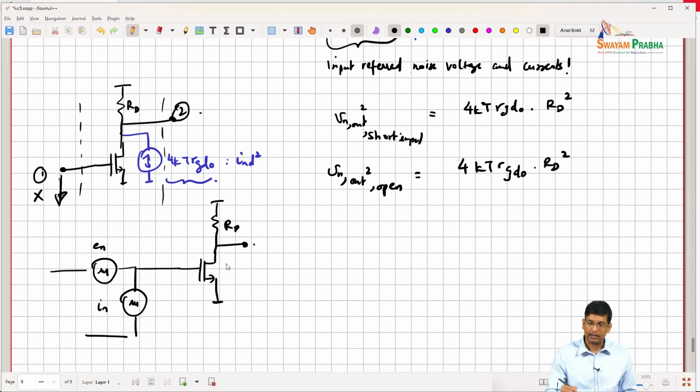Now if I short the input over here, this current will flow into the short and not create any voltage.